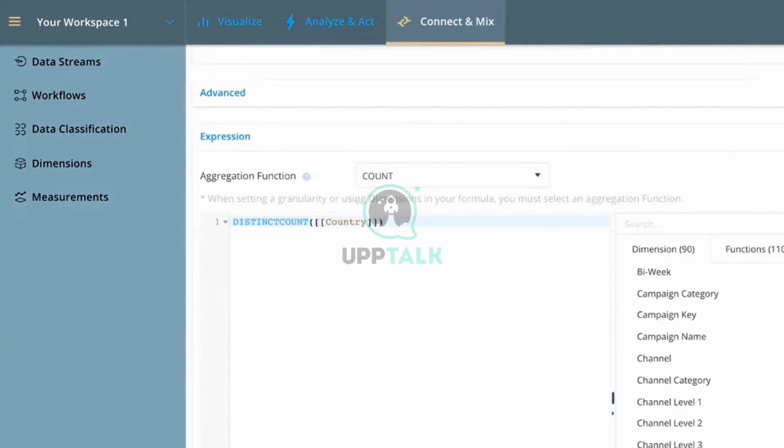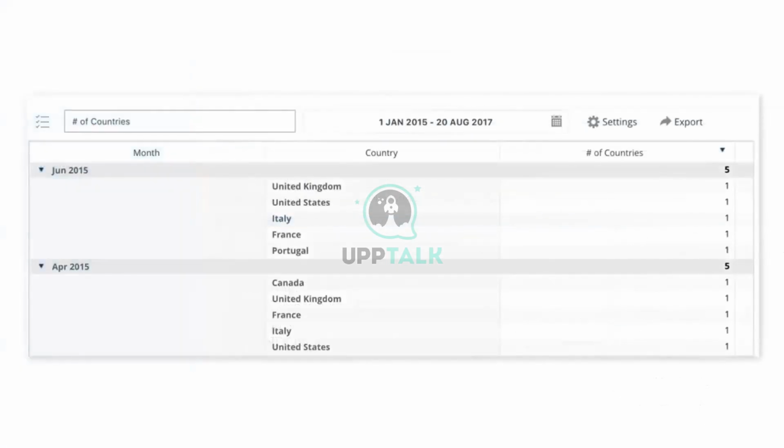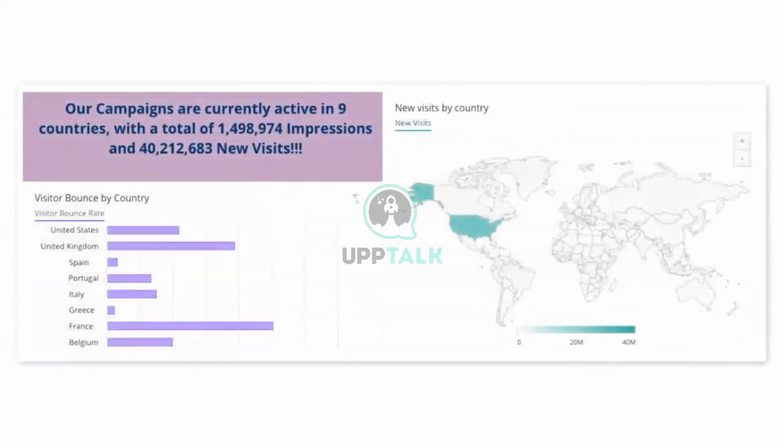It will calculate all the country columns that it sees, the dimension called country. And when you use it as a part of your data stream, it gives you the right answer that I've seen. That's it. And once you have it set, now you can use it as part of the geographical charts and stuff.